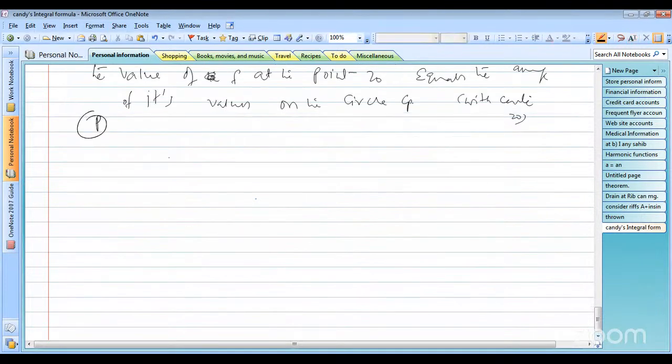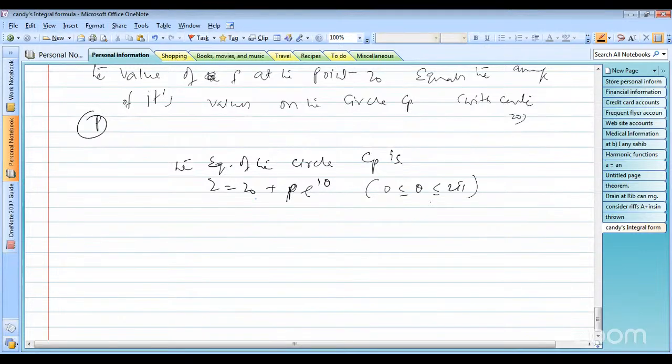The equation of the circle C rho is z equals z naught plus rho e power i theta, where 0 is less than or equal to theta less than or equal to 2 pi.